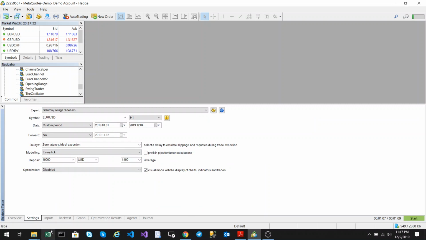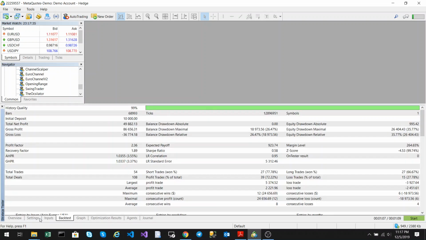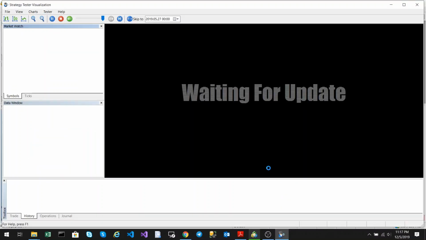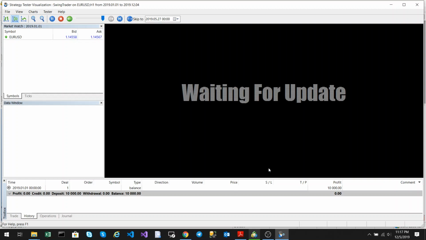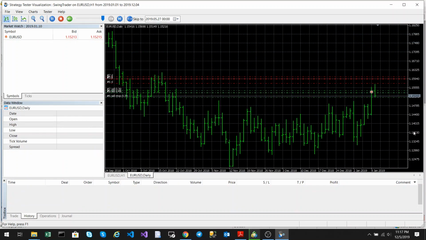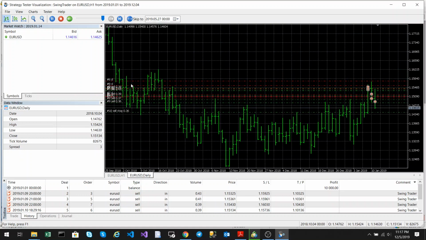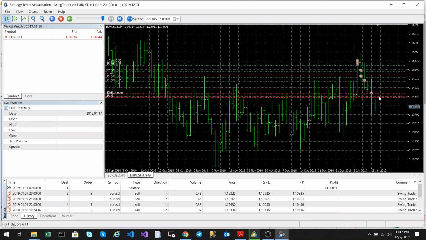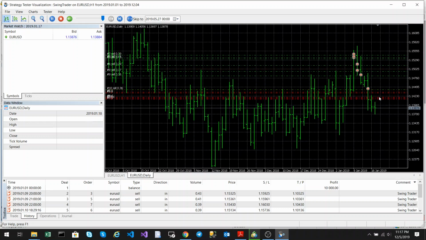Just check on the 1 hour chart. You can start. So as you can see, as it breaks out the previous highs, it places the sell orders, and you can see the trailing stop is following it.